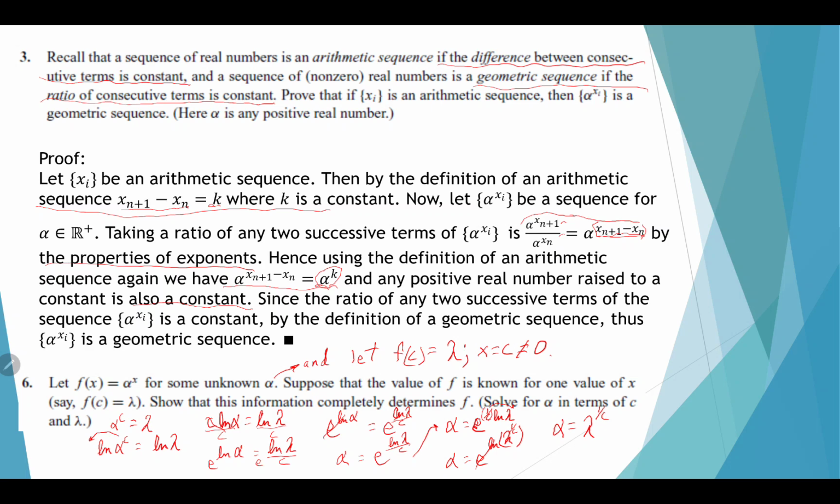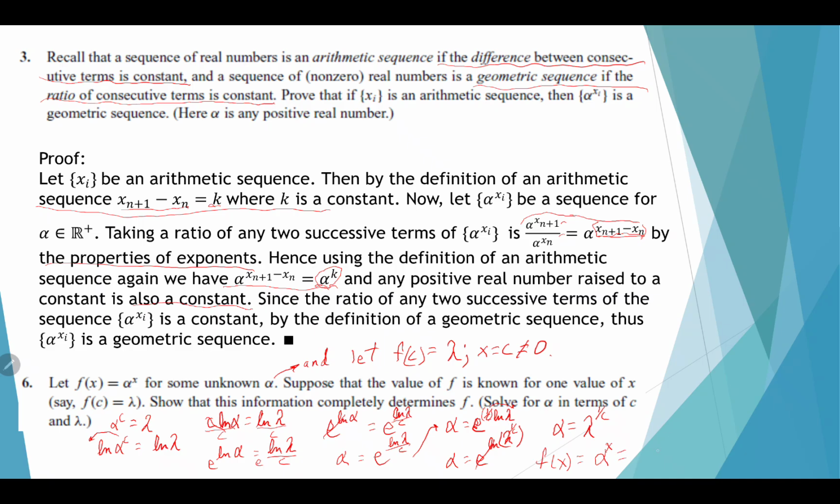Now, that has solved alpha in terms of c and lambda, but is it really? So let's see. f of x would equal alpha to the power of x.